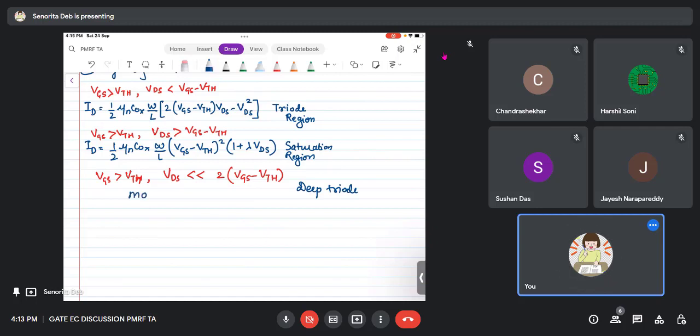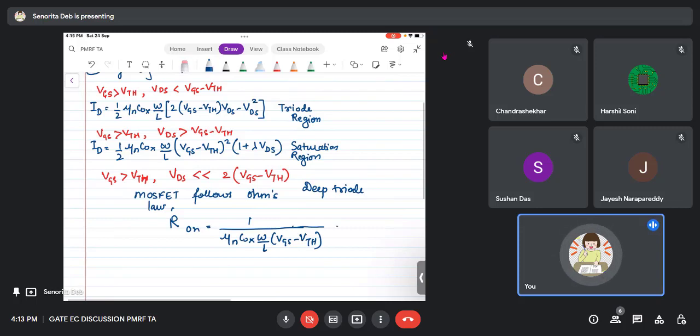So in deep triode, what do we say? That the MOSFET follows Ohm's law, or behaves as a resistor, and the resistance is given by R on equals 1 upon mu n COX W by L VGS minus VTH.